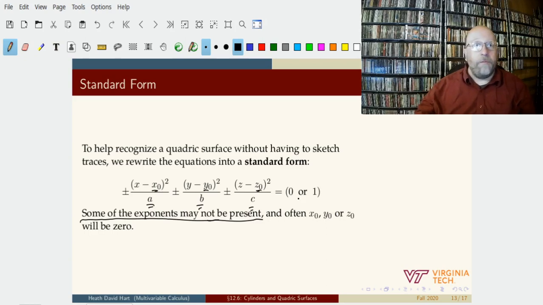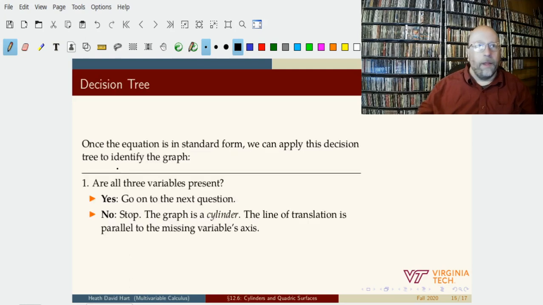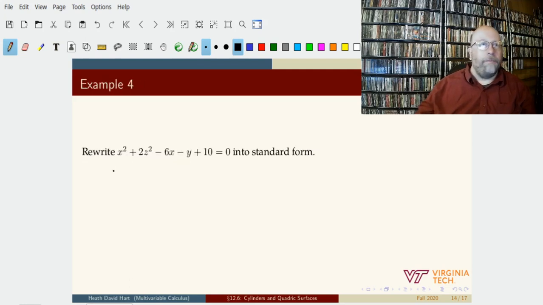So let's try putting an equation into standard form. X squared plus z squared minus 6x minus y plus 10 equals 0. Okay? So, sorry, let me work through this. I'm going to group the variables together and put the constant on the other side.